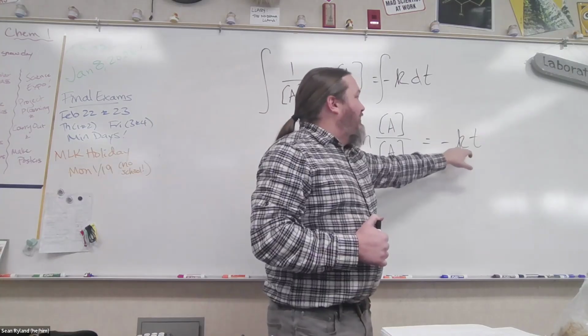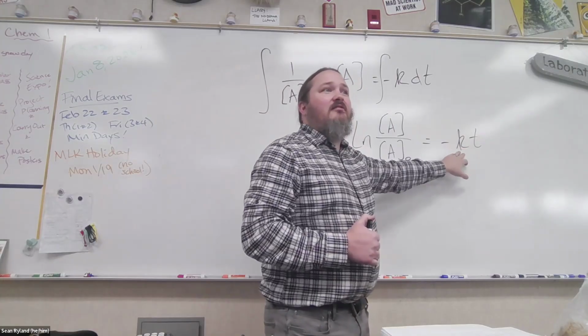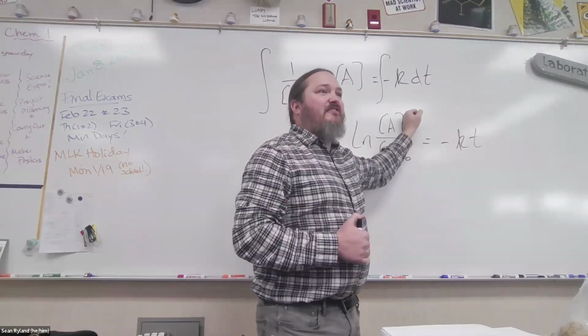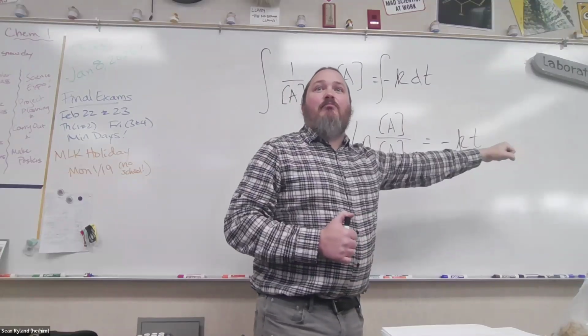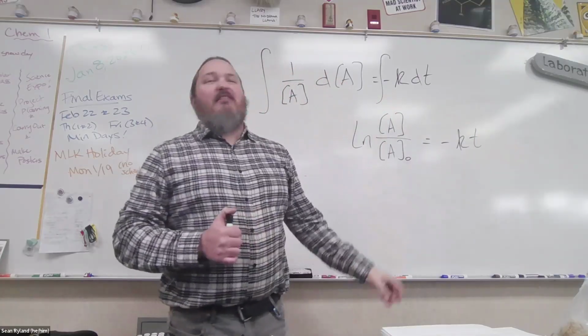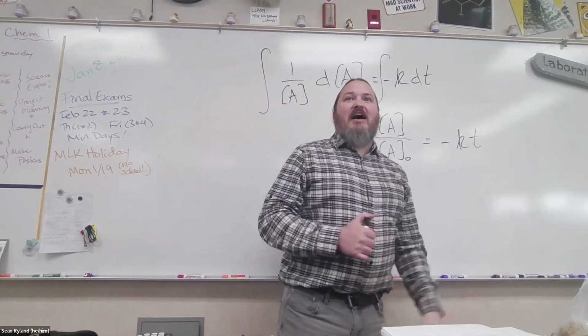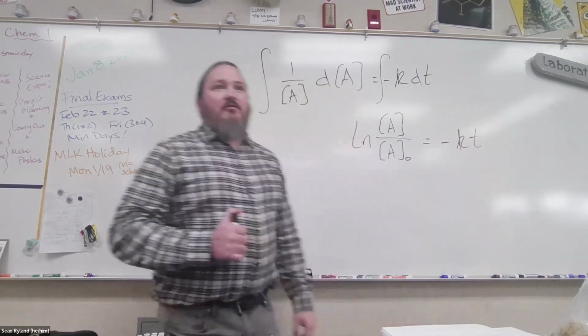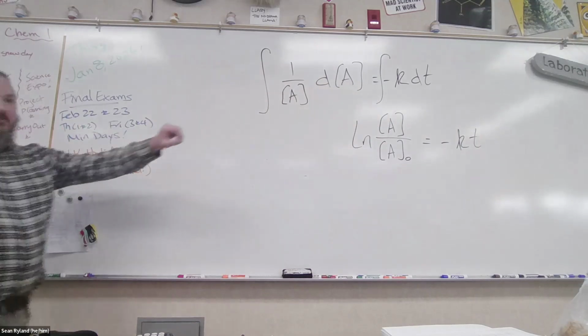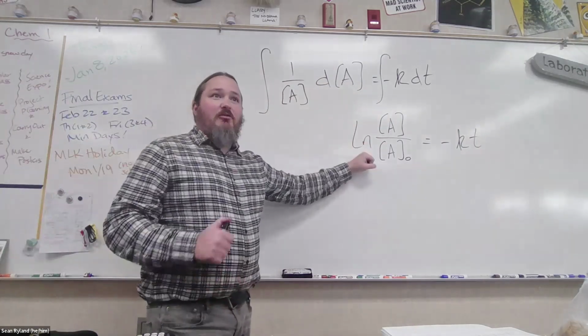So if we can figure out what K is, this means we can figure out how much of our sample is left after a given amount of time. Or if we know how much of our sample is left, we can figure out how much time has passed. So this is the math behind isotope dating.